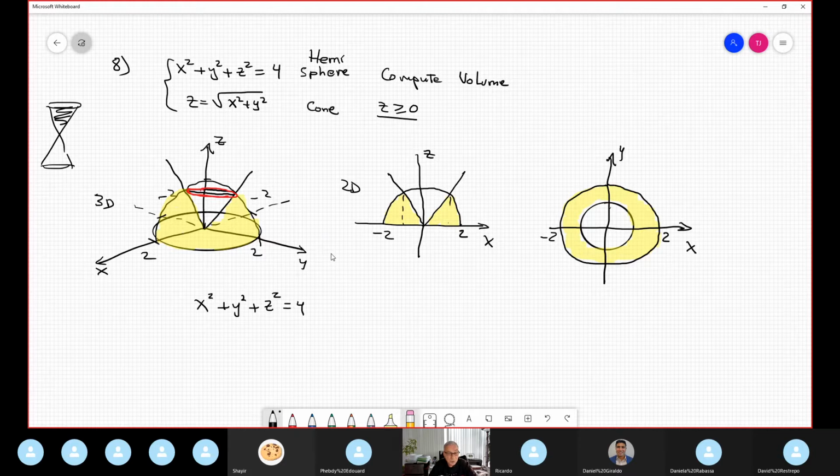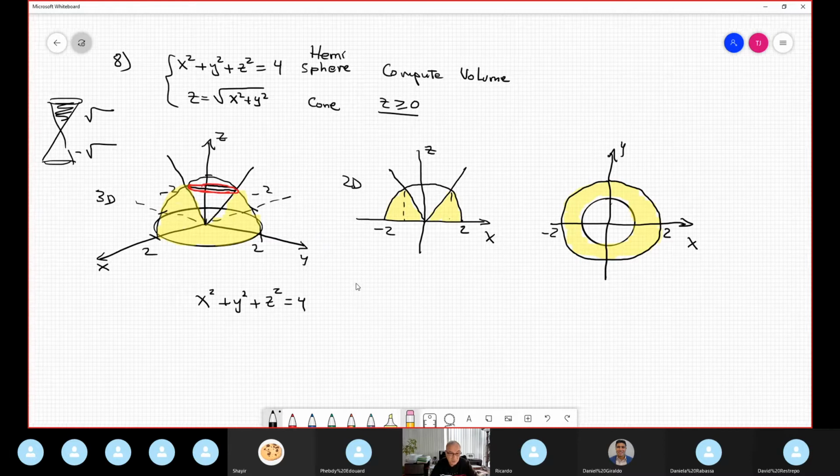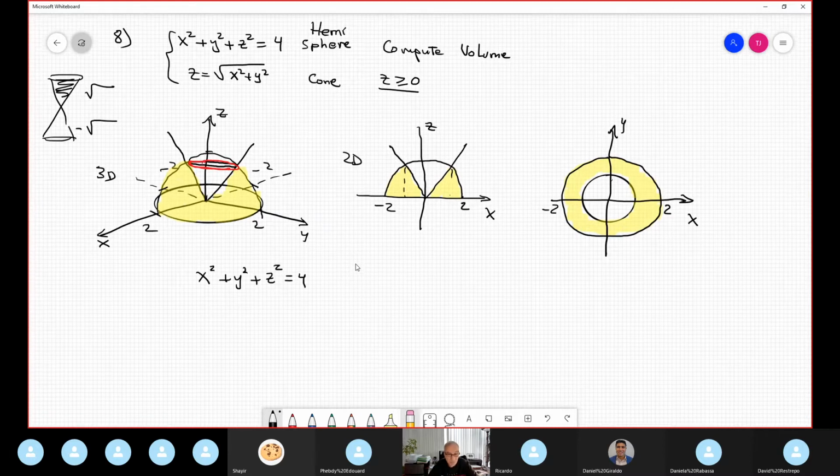But you square both sides because I want to eliminate the square root. When you square both sides, entonces now it's obvious que it's the same cone, but it's a double cone. So when you have a square root positive, it's the top part. Square root negative is the bottom part. No square root is a double cone. But I don't care because I know the restriction que z is positive. Therefore, I know que it's a top cone, so the upper cone. So when you square both sides, we have z squared is equal to x squared plus y squared.